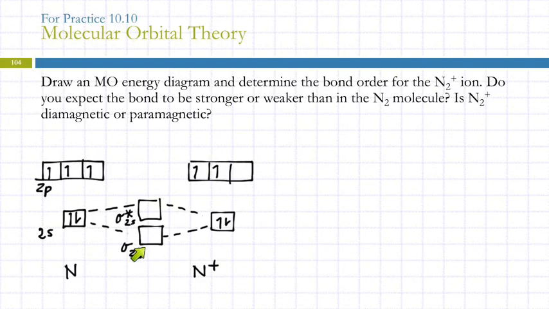This one's lower in energy, it's a bonding orbital. This one's a little higher in energy than the atomic orbitals, so it's an antibonding orbital. I took 2 atomic orbitals, combined them, I get 2 molecular orbitals. Then I'm going to take these guys and combine them. And let's see here.